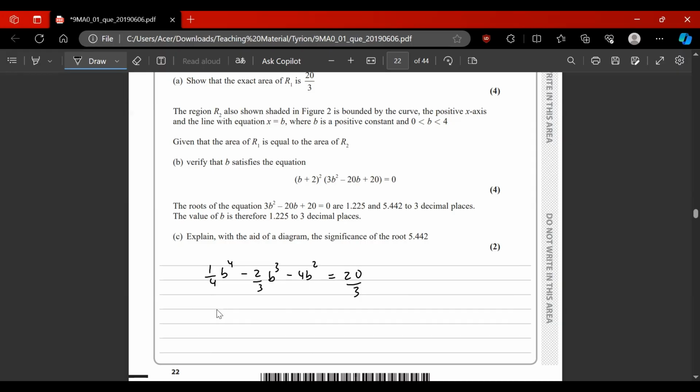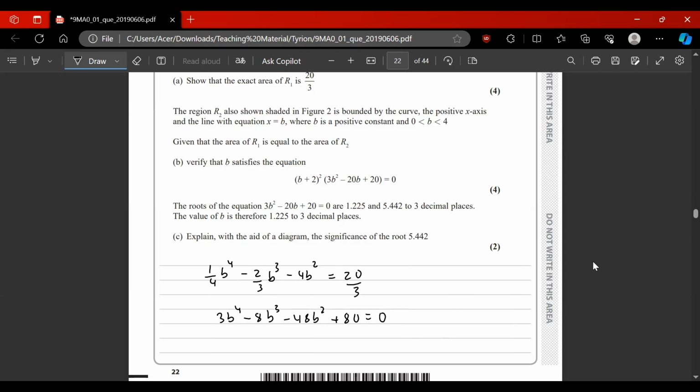If we now rearrange this expression, getting rid of the fractions, we should get 3b to the power 4 minus 8b cubed minus 48b squared plus 80 is equal to 0. So this is now in standard form.